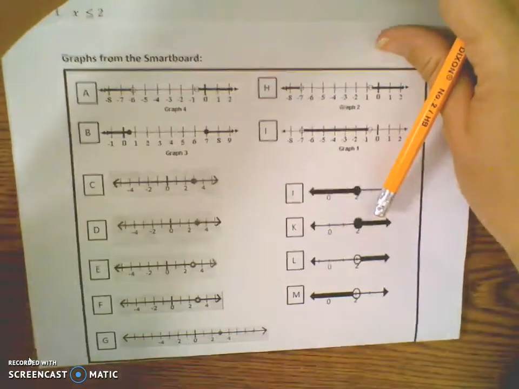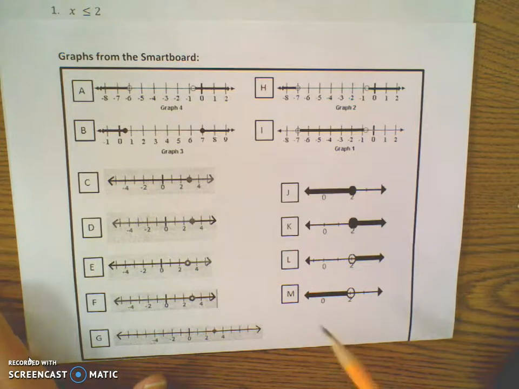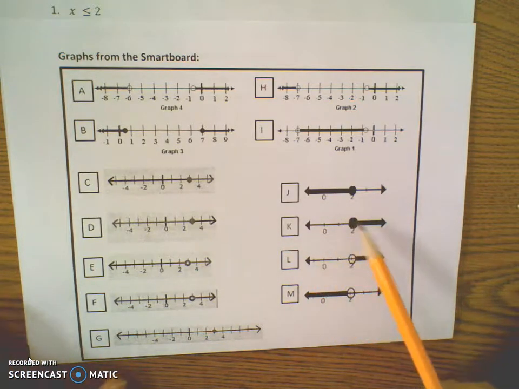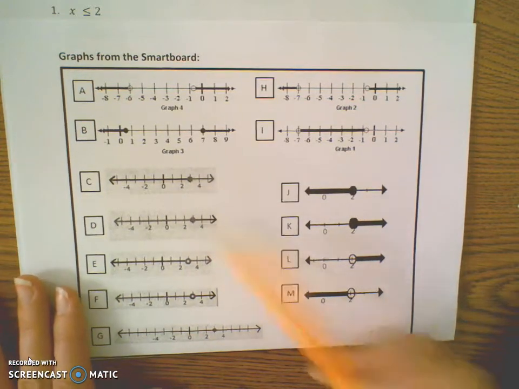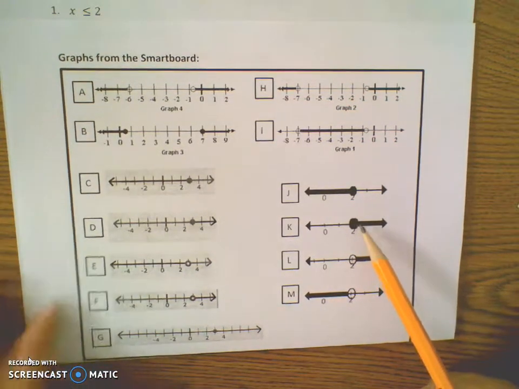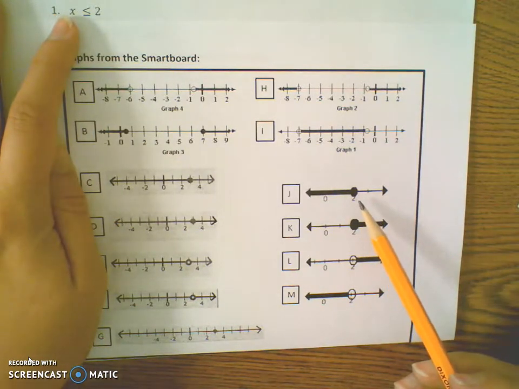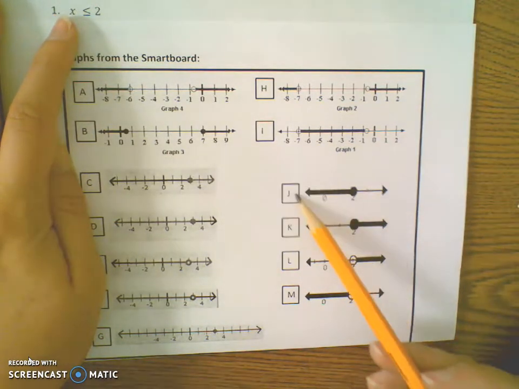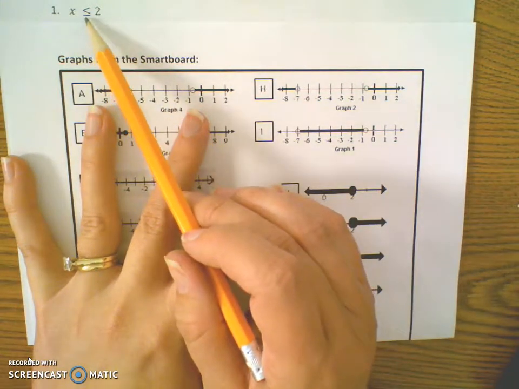So the first one says x is less than or equal to 2. So first we're going to find the stuff with the 2 on it, which is over here. These here are all marking 3, these are marking 2. And it says that x is less than, so we want the ones where the numbers smaller than 2 are shaded, which is going to be J and M. And then it says less than or equal to.